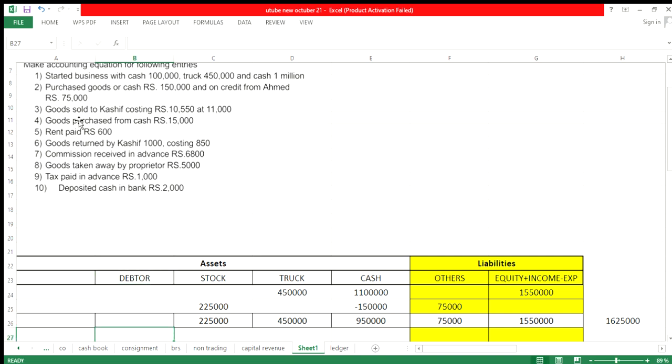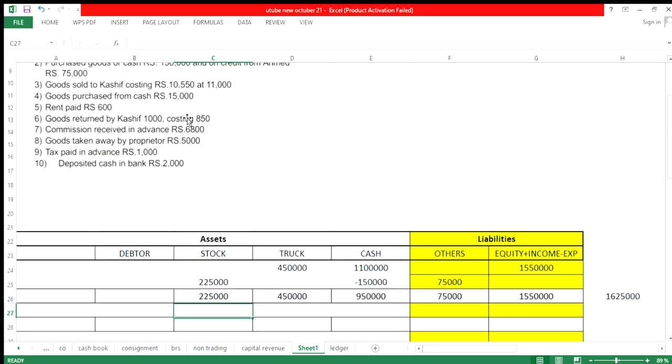Note it down. We are selling goods. Cost was 10,550. So here there will be a decrease in goods because you are selling your goods. Goods will go out, decrease, and secondly, these goods were sold on credit. So it means the amount is receivable, which is a favorable asset, and the person from whom the amount is receivable would be called a debtor.